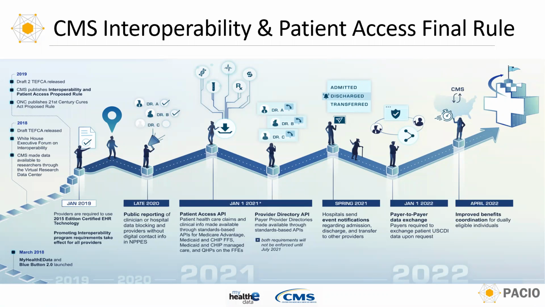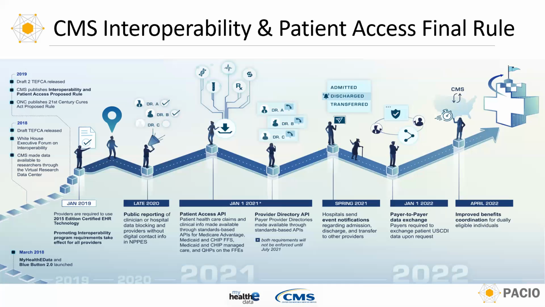Digital contact information, in which CMS will begin publicly reporting those providers who do not list or update their digital contact information in the National Plan and Provider Enumeration System to facilitate care coordination and data exchange in an easily accessible format.